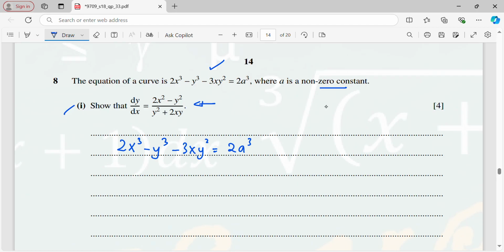That means now when I differentiate the whole equation with respect to x, the first term becomes 6x squared. Now for the second term, to differentiate y with respect to x, this is the chain rule, which is we differentiate y with respect to y, then we times with dy over dx.